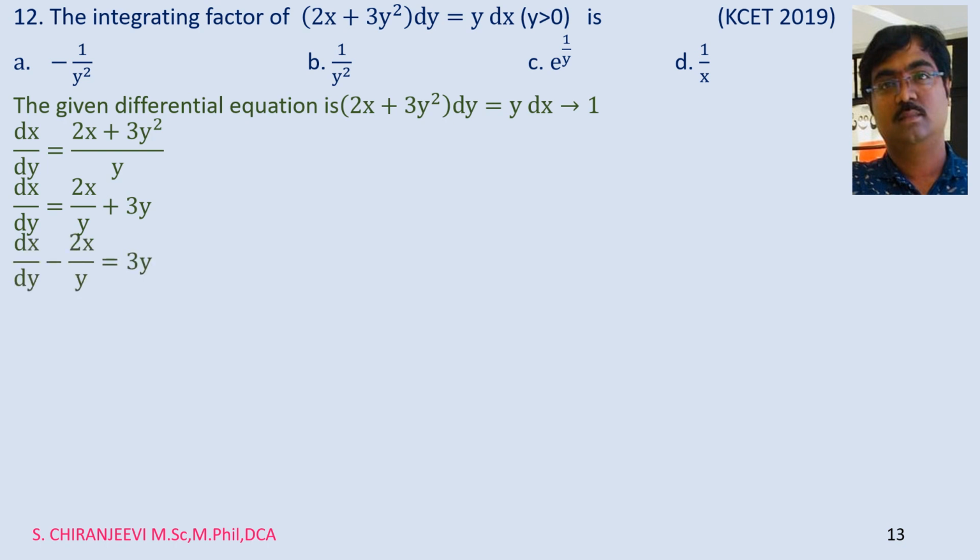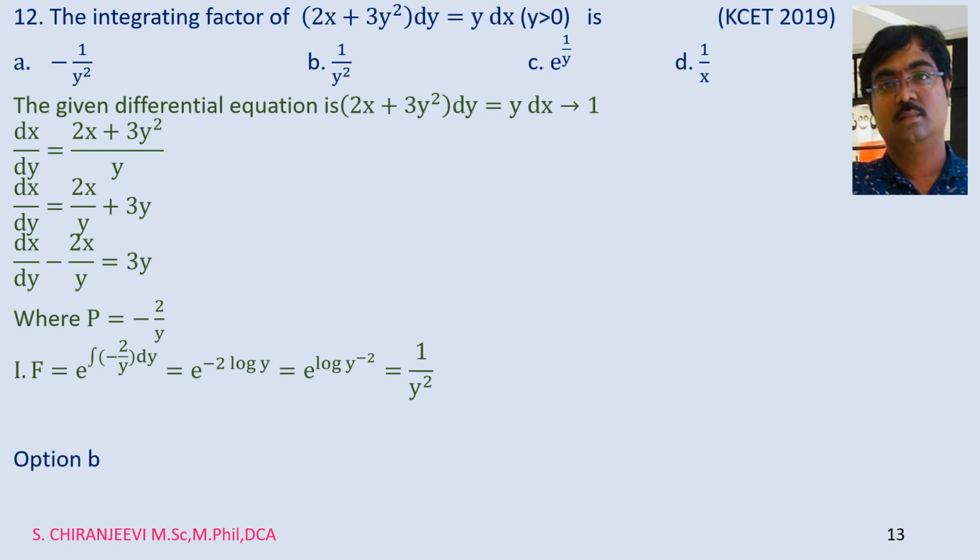So dx by dy minus 2x by y equal to 3y, where p is minus 2 by y. The integrating factor e power integral minus 2 by y dy equal to e power minus 2 log y, e power log y power minus 2. E and log cancel, which is y power minus 2, nothing but 1 by y square. So the option is B.